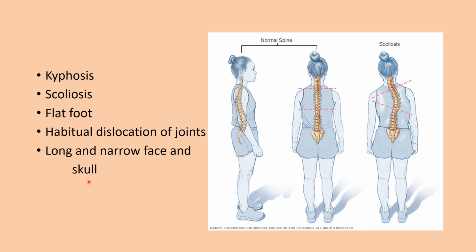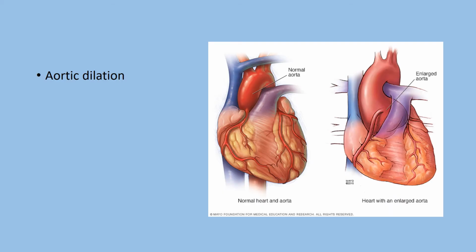Coming to cardiovascular features, aortic dilation is very often seen. Other than that, aortic regurgitation, aneurysm, and mitral valve prolapse can all be found in a Marfan's patient.